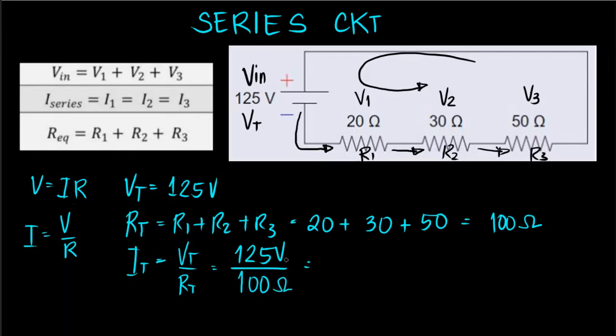Dividing 125 by 100, we get 1.25 amperes. So now we know the total voltage is 125 volts, the total resistance is 100 ohms, and the total current is 1.25 amperes.